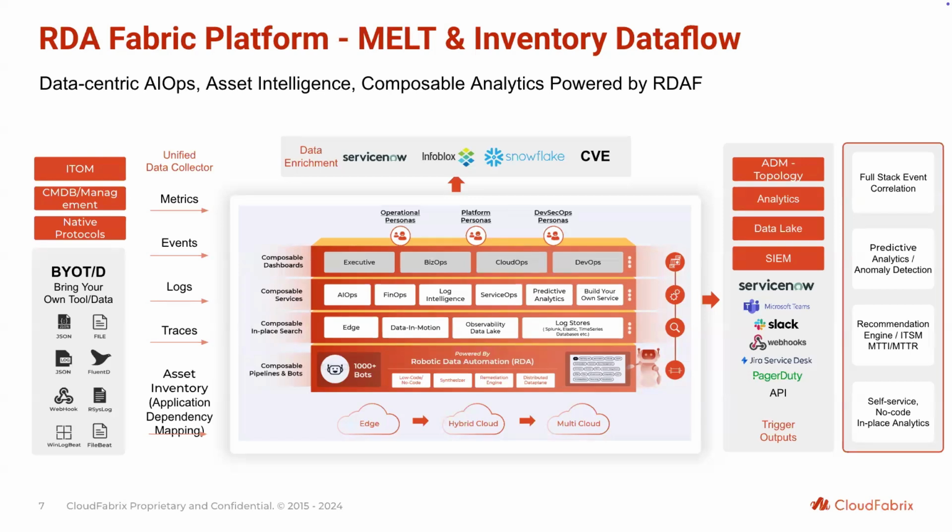It adds more context by overlaying the discovered asset inventory and application dependency mapping data to get more insights about how these events are related, which helps the platform effectively correlate and reduce alert noise, add more context, and translate all of these correlated alerts and events into actionable tickets.